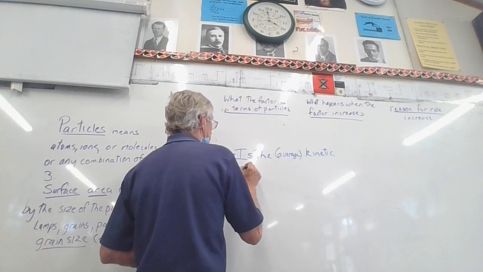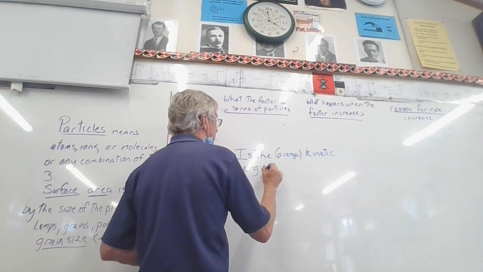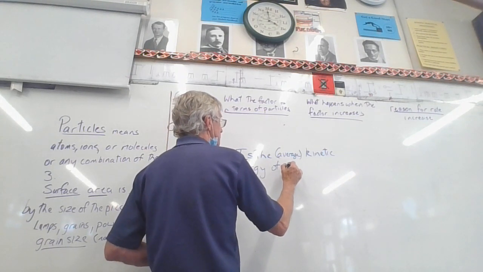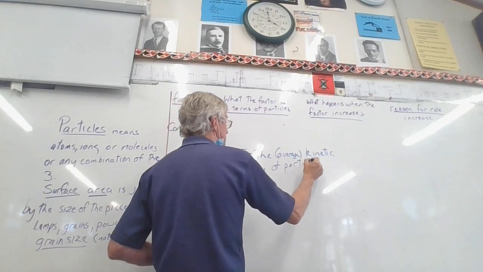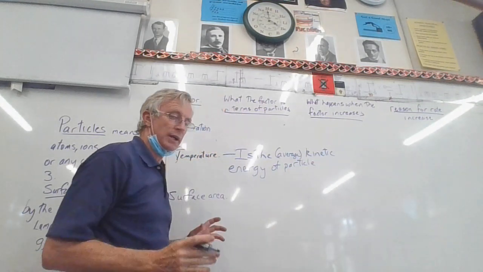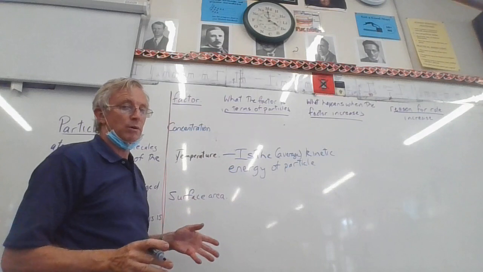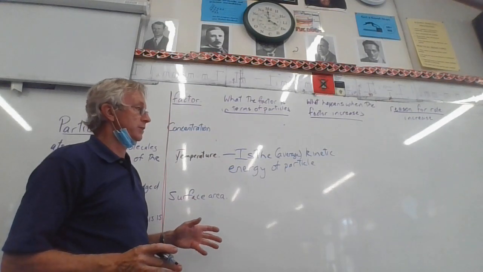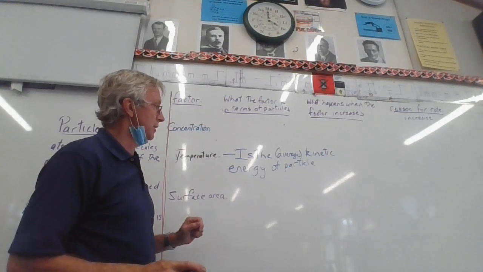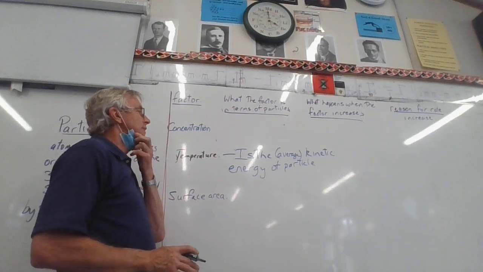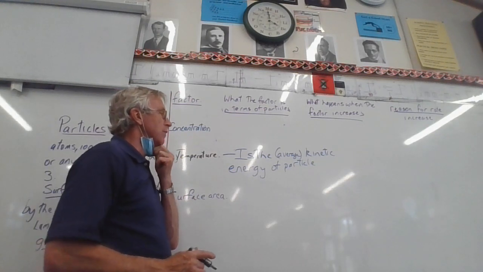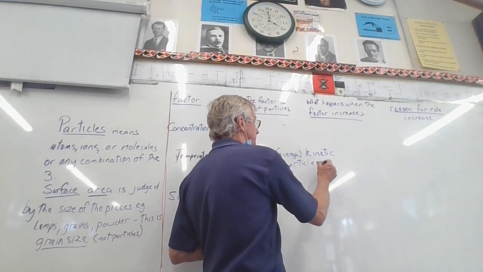You've got to mention the kinetic energy of the particles. The instant you start to mention energy when you're talking about temperature and the particles, you are probably going to score an A mark straight away. So there's still A marks to be had in this explanation. It is the average kinetic energy of the particles involved.